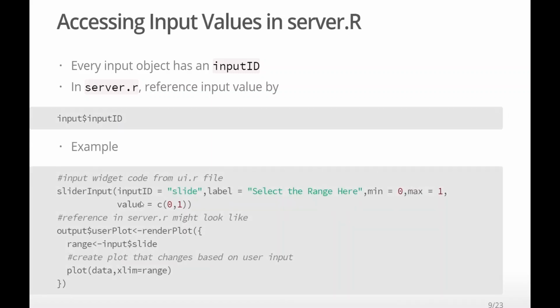And here's an example. So I'm being more explicit about my arguments to this function in this case. The first one being input ID. I'm calling this one slide. And so if I want to utilize that in my server file, I'm going to use input $ that name there. So this is just like referencing a named list input that we've done before. Okay.